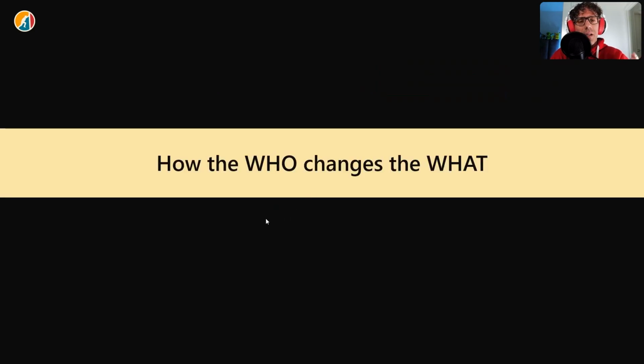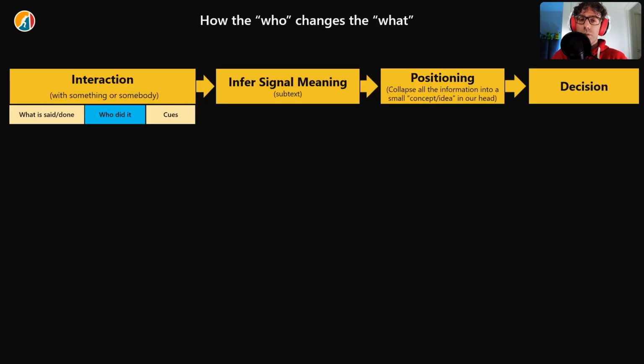Now, let's try to understand some of the relations between the parts of the interaction. And the who changes everything. Back to the Ulysses example. If the company, Ulysses, is saying we are the ultimate writing app, what we as users understand is, yeah, of course, you're trying to sell me something.